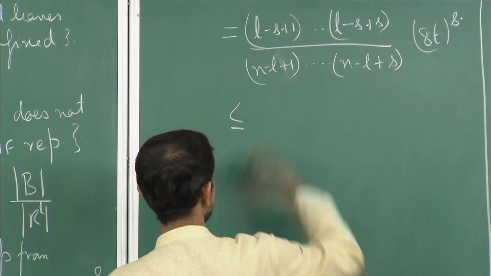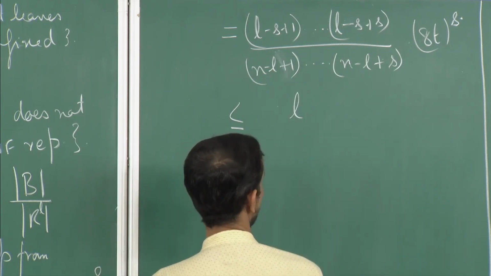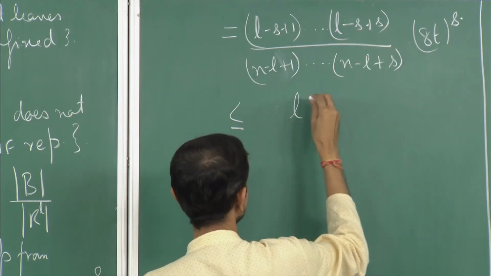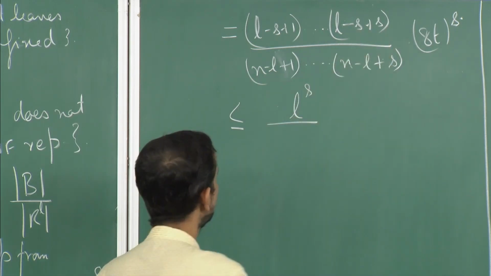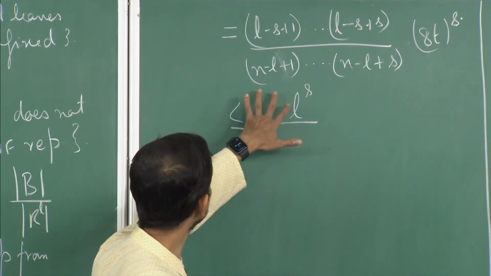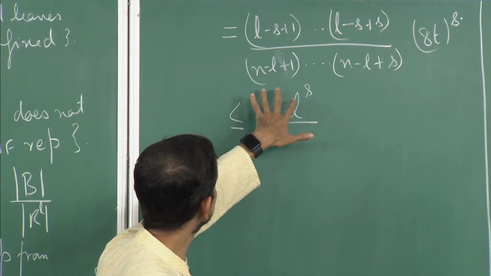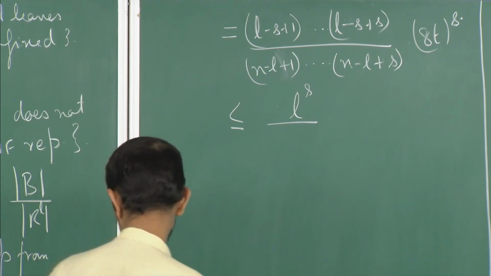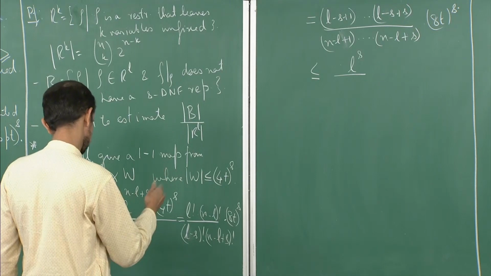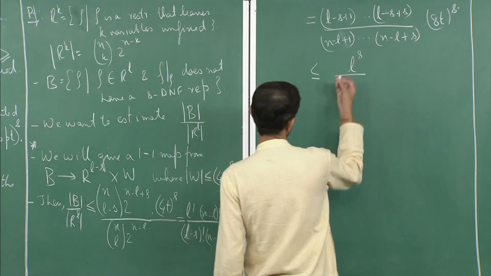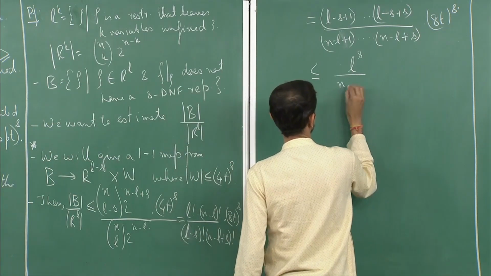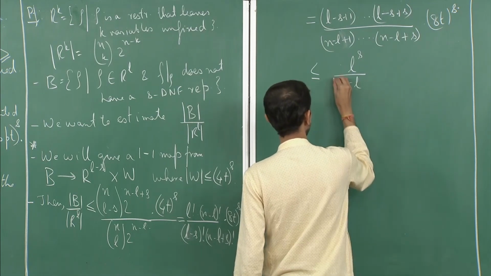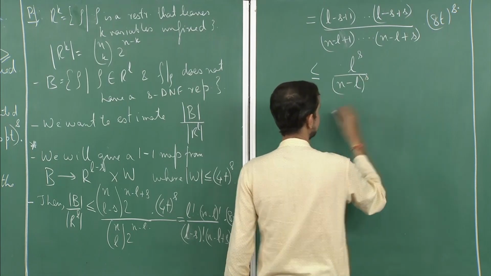The maximum term over here is L, so I can write L to the power S, divided by the smallest term at the bottom, which is N minus L plus 1. Okay. I will keep it as an even smaller term, N minus L, for the sake of simplicity.